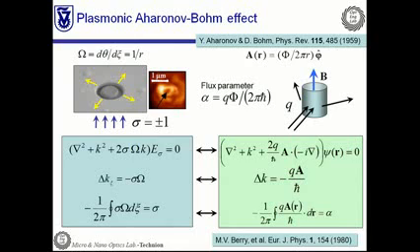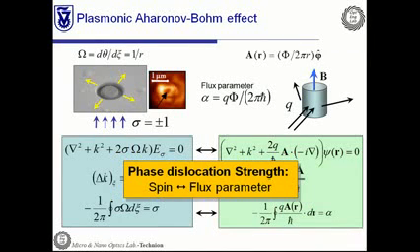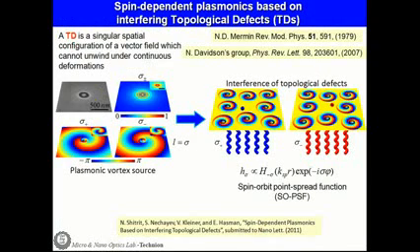The solution here is a momentum shift proportional to A. In our case, this is a spin-dependent momentum shift proportional to omega, and the phase dislocation strength can be calculated by a closed integral. In Aharonov-Bohm, it is equal to alpha, a flux parameter. In our case, the phase dislocation is sigma, the incident spin. So the spin in our case behaves as a flux parameter in the Aharonov-Bohm effect.